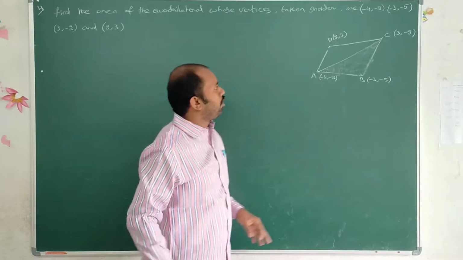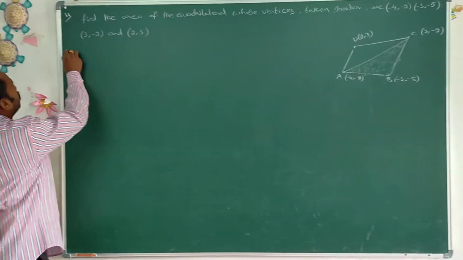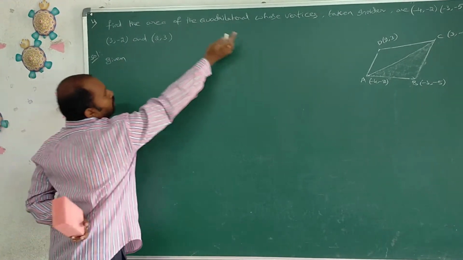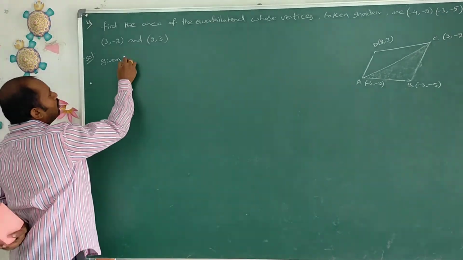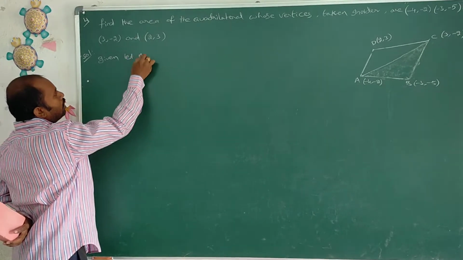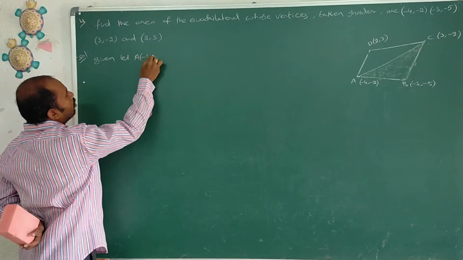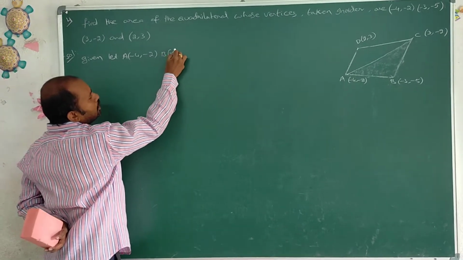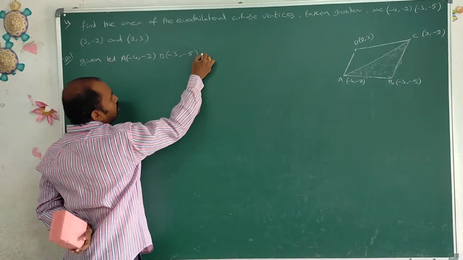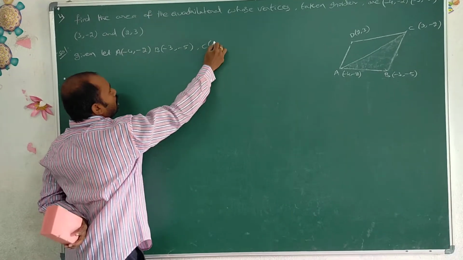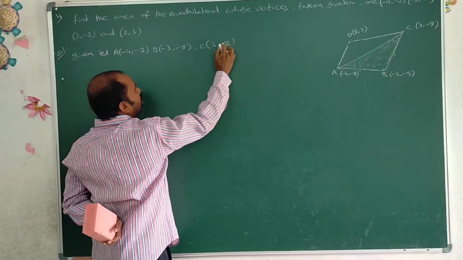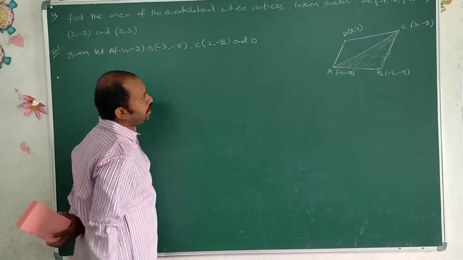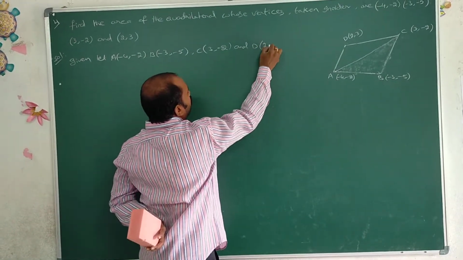So first you write the solution. Given the vertices of a quadrilateral. Let A be the first one, (-4, -2). Second one, B, (-3, -5). Third one, C, (3, -2), and the fourth one is D, that is (2, 3).